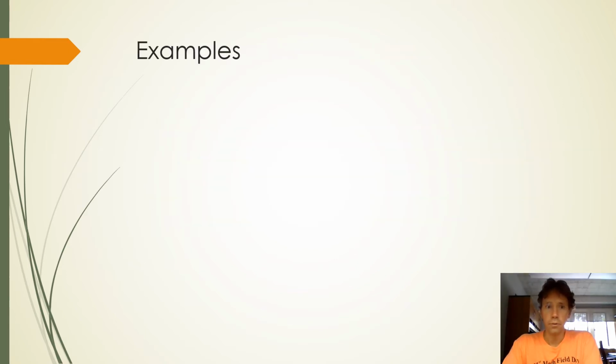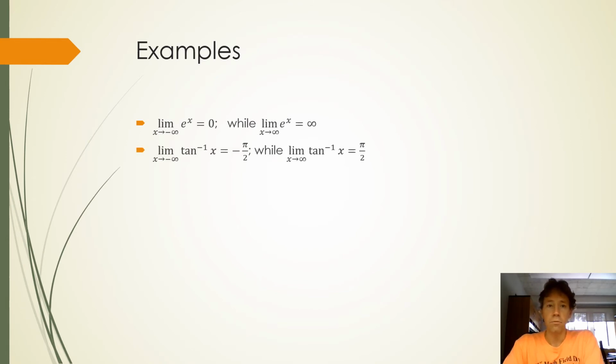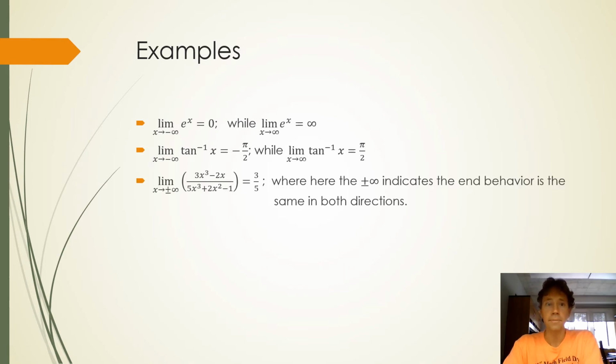So to write down a few of those examples that we've already mentioned, limit as x approaches minus infinity of e to the x equals 0, whereas limit as x approaches positive infinity of e to the x equals infinity. The tan inverse function approaches minus pi over 2 when x goes to minus infinity, but positive pi over 2 when x approaches positive infinity.